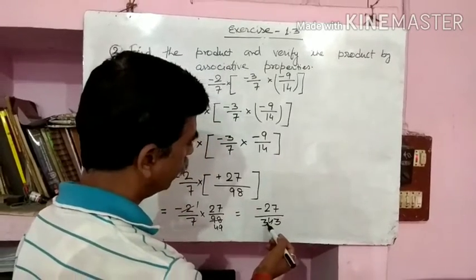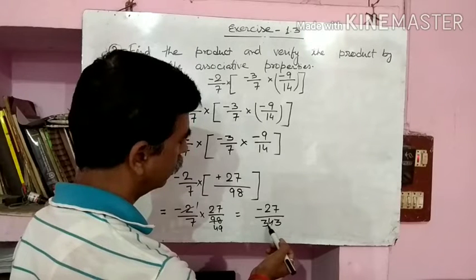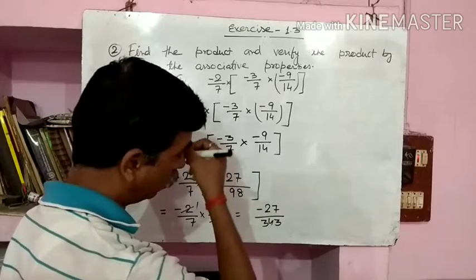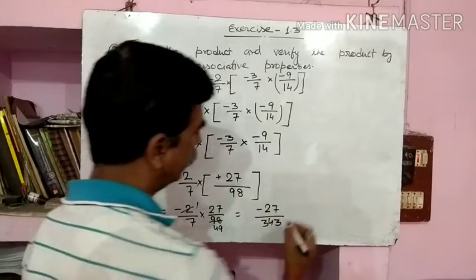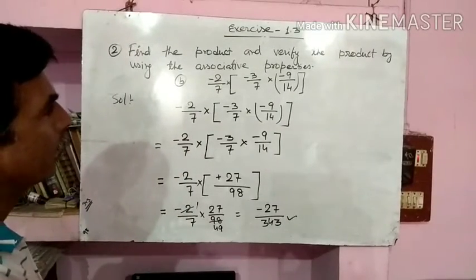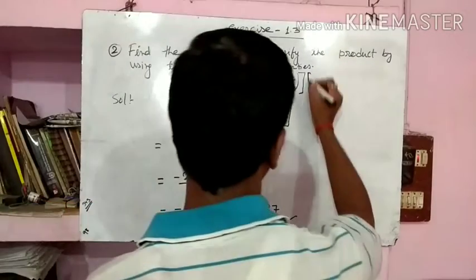Then 4 plus 3, 6 plus 4, 10. So there is no common number which can divide these two. So this is the answer.